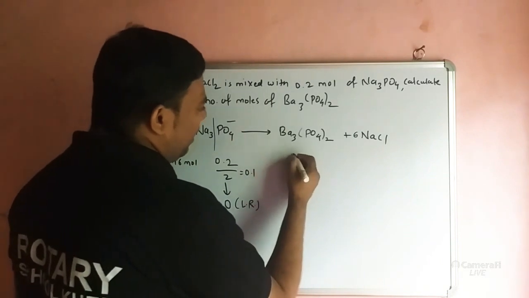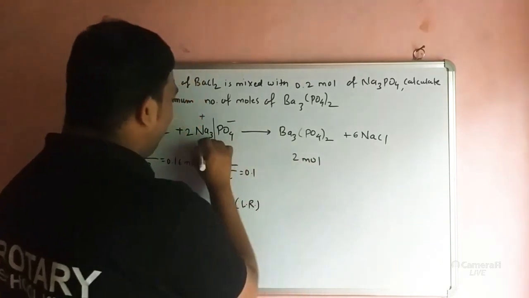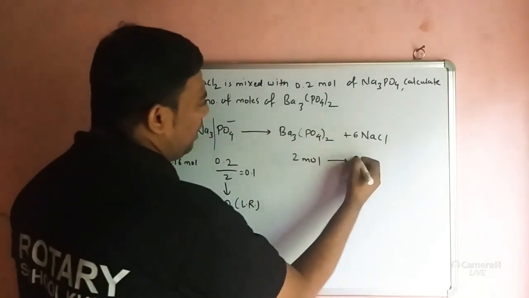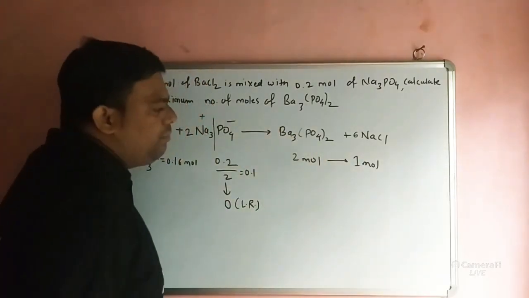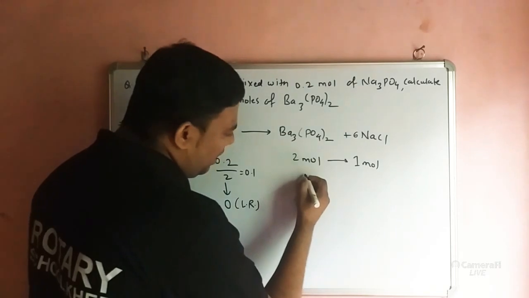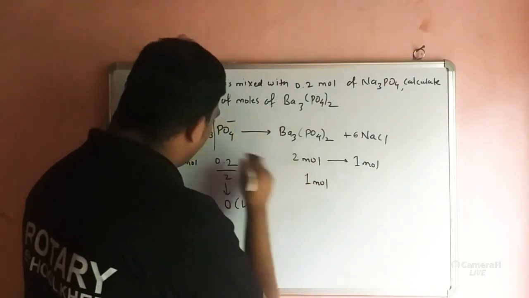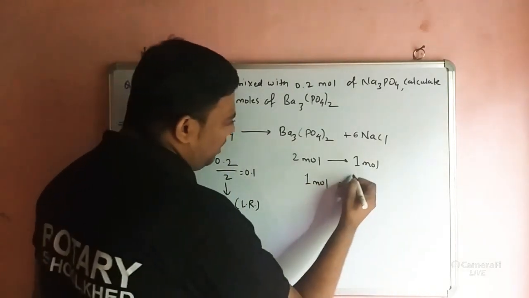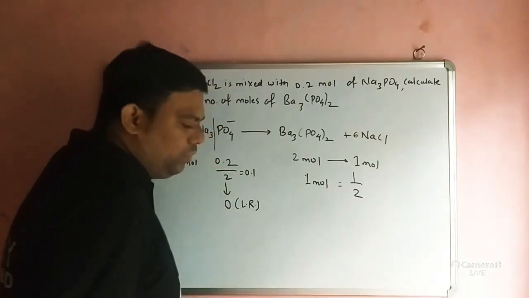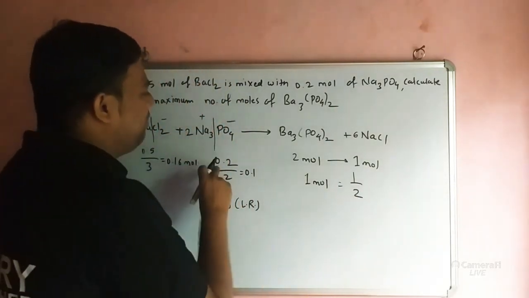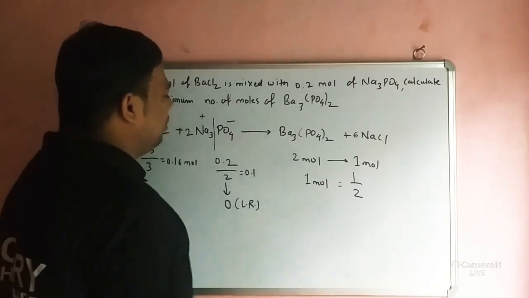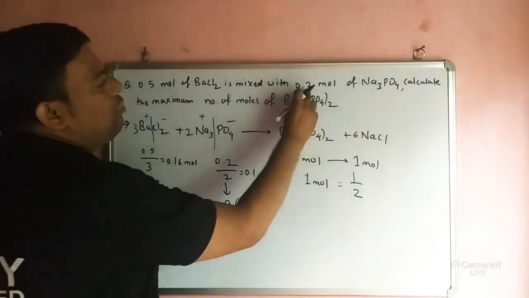Okay, we will do the calculation here. 2 मोल of sodium phosphate मधून किती मिळतात आपल्याला 1 मोल of your barium phosphate. ठीक आहे. मग ह्याच्या 1 मोल मधून किती मिळणार. जर का आपण 1 मोलचा याचा विचार केला तर किती मिळणार. येस 1/2.